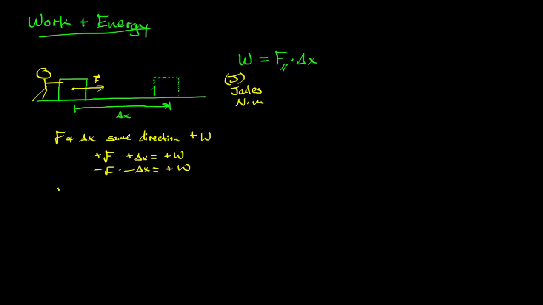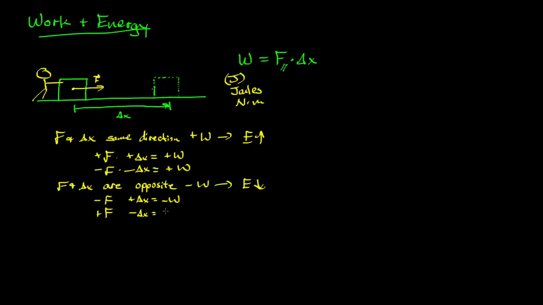Whereas if it's opposite, so force and displacement are opposite, then it's negative work. So if I have negative force and positive displacement, you can see I get negative work. So when I get positive work, it means that energy is increasing. So the energy goes up. Negative work means the energy goes down. We're taking energy out of the system. Let's see, a positive force and negative delta x is negative work. Okay, so in general, whether we're doing positive or negative work, the math will take care of it.